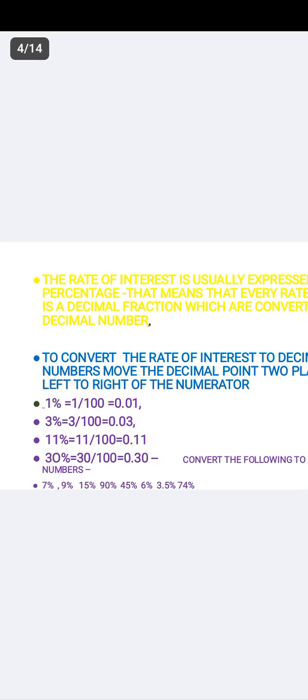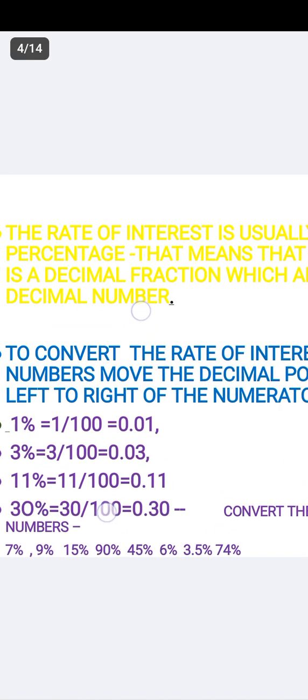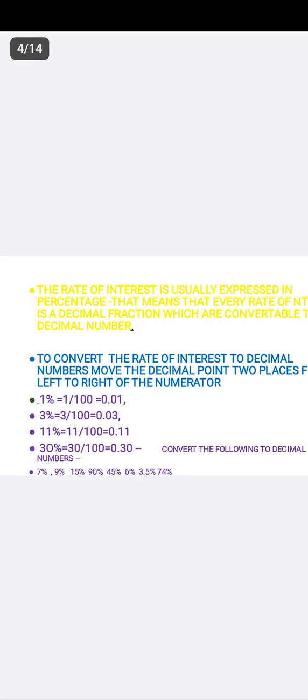Now let us take a look at 1%. 1% will be 1 over 100. To convert this 1%, or this decimal fraction 1 over 100, to decimal, this is what we will do. We look at the numerator and move the decimal place 2 places from the right to the left.